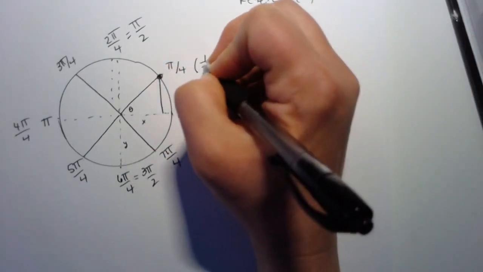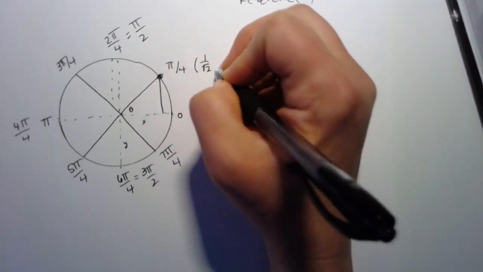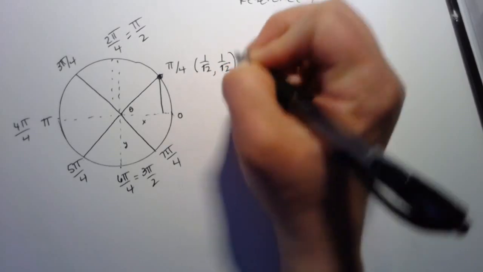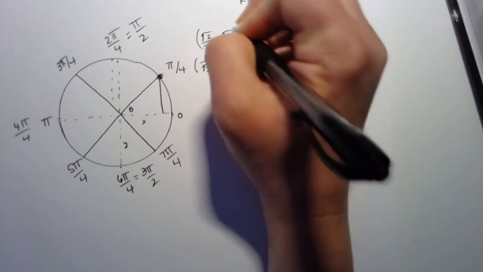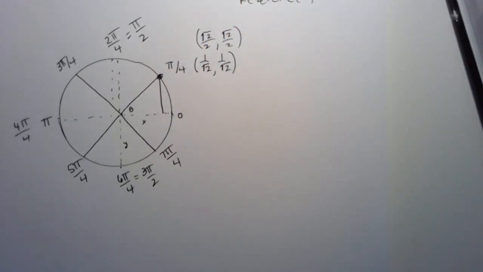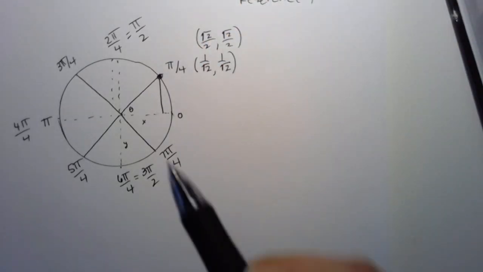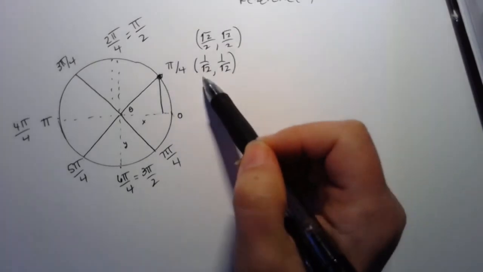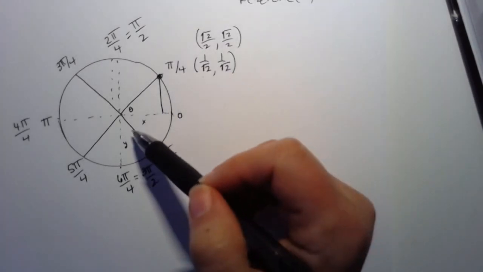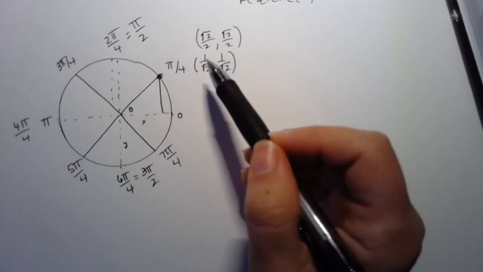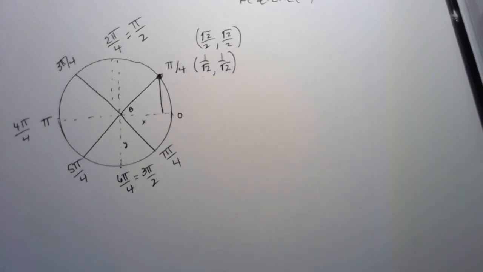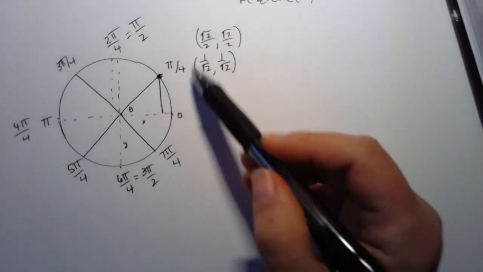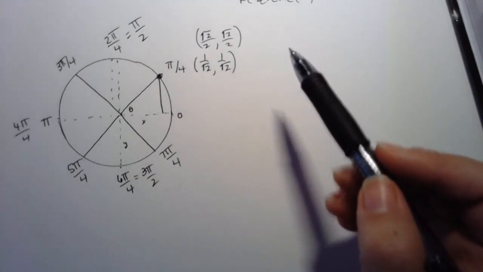We could either call it 1 over root 2, or we can call it the square root of 2 over 2. It's the same exact thing. One is just simplified in a different way, okay? So this is the point 1 over square root of 2, 1 over square root of 2, because I know x and y are the same, and if I add this squared plus this squared, I do in fact get 1, because I get a half plus a half, which is 1.